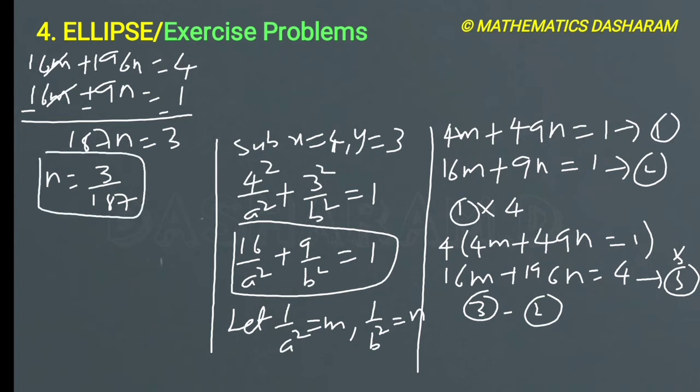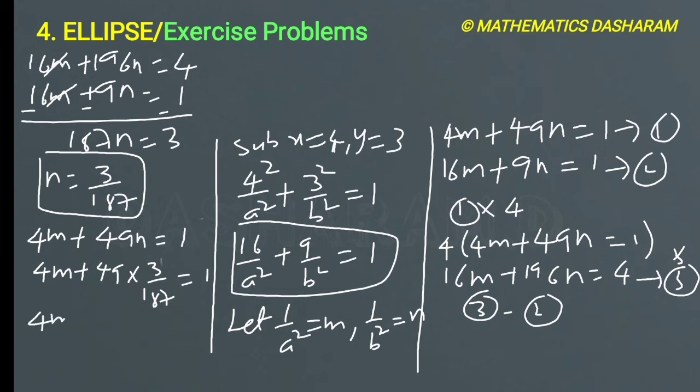So n value 3 by 187. Let's substitute this n value either in 1, 2 or third equation. I am substituting in the equation 1, that is 4m plus 49n equals to 1. So 4m plus 49 into n value 3 by 187 equals to 1.